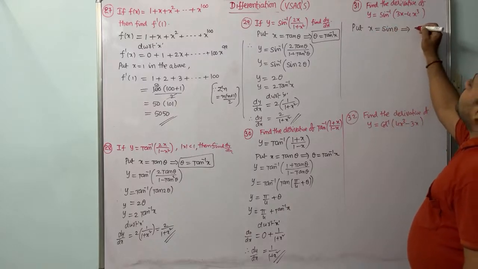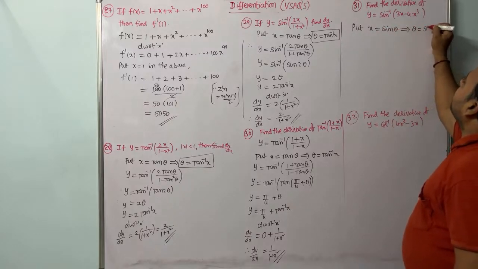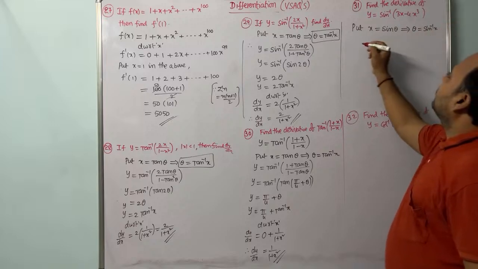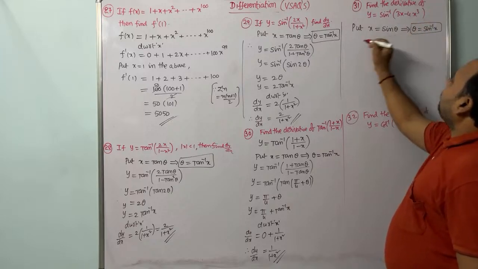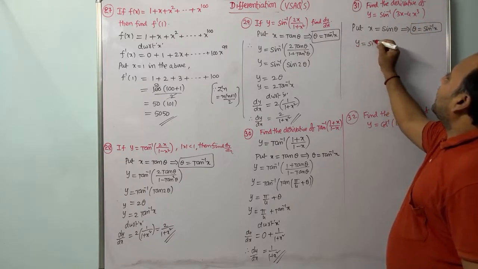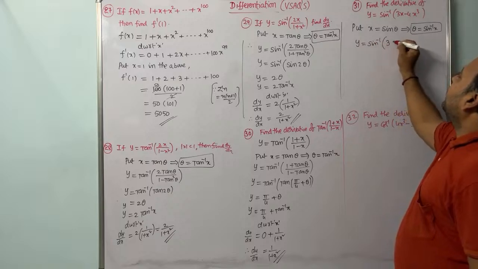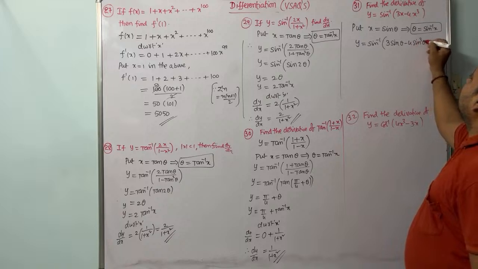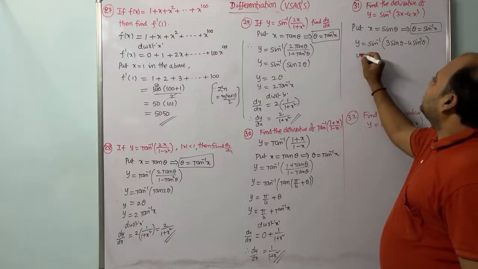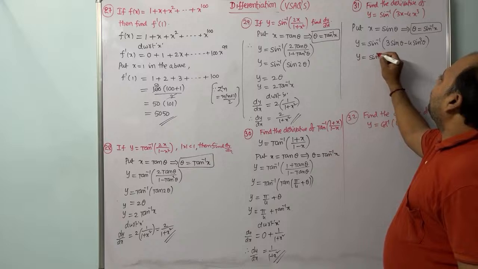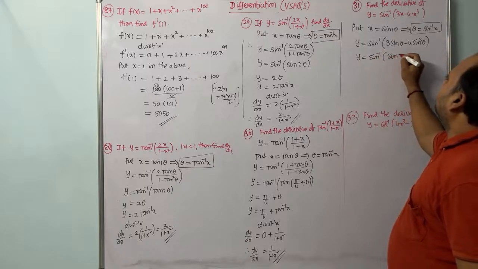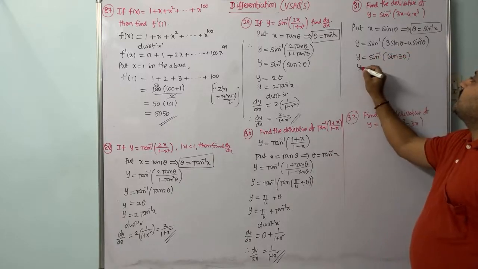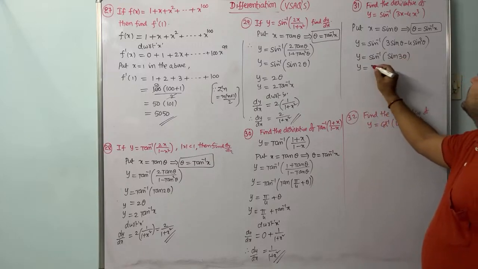So x equal to sin theta, theta equal to sin inverse x. Therefore, y equal to sin inverse of 3 sin theta minus 4 sin cube theta. So y is equal to sin inverse of sin 3 theta, which is equal to 3 theta.